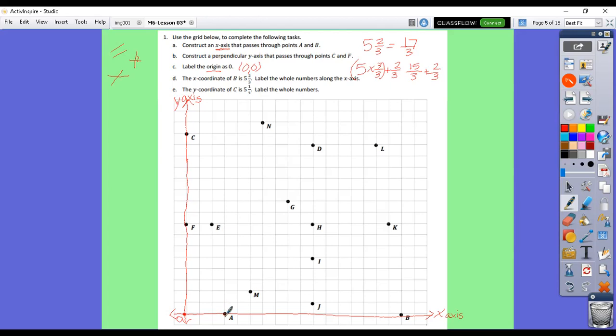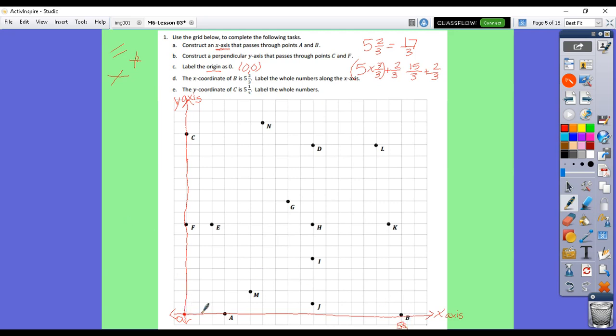So here's 3/3. 4, 5, 6, 7, 8, 9, 10, 11, 12 thirds, 13, 14, 15, 16, and 17. So it is 17/3 right here, or it is known as 5 2/3.